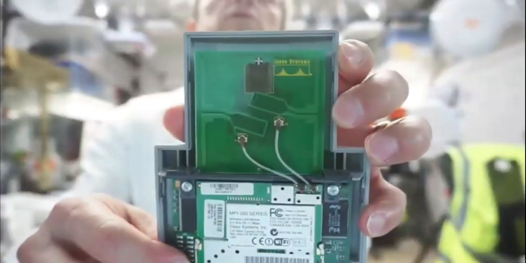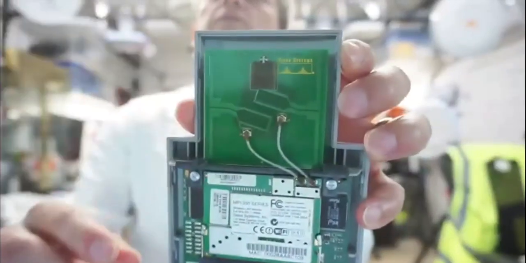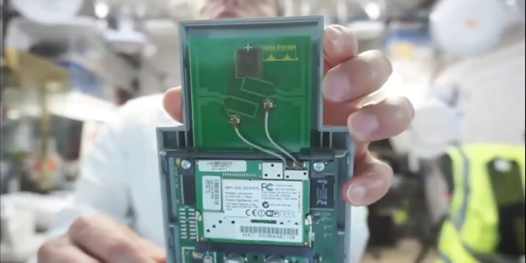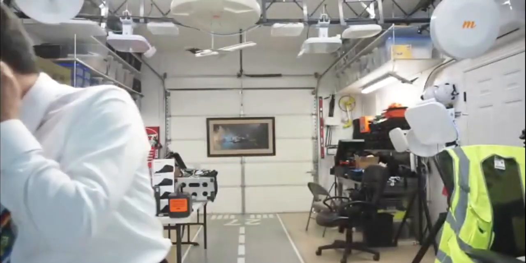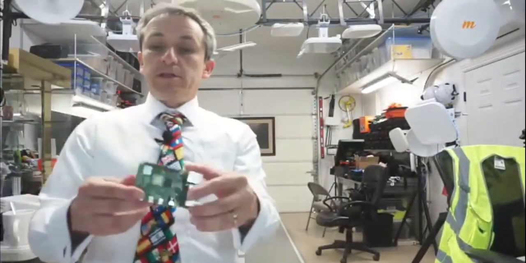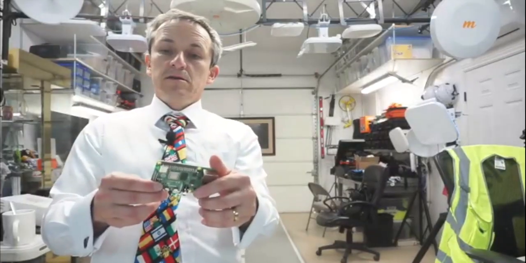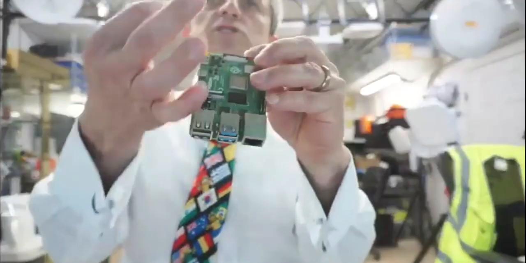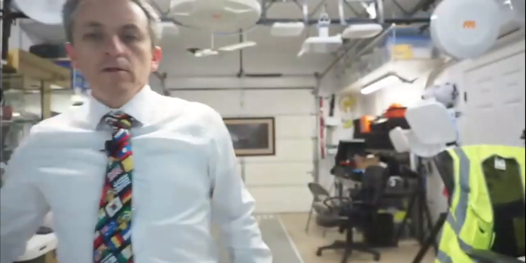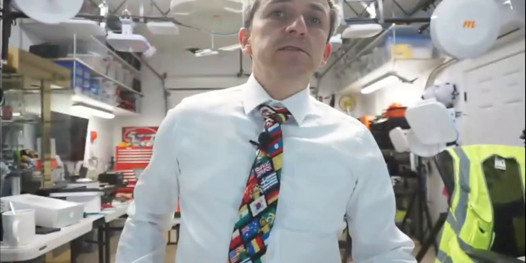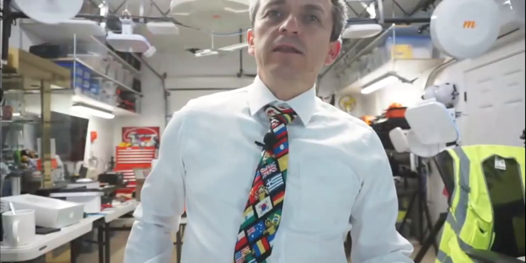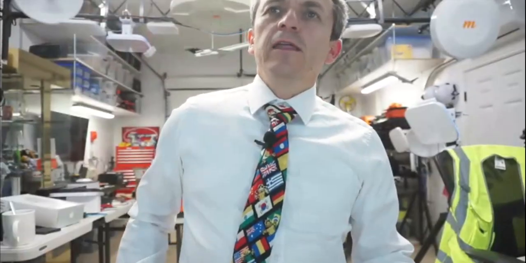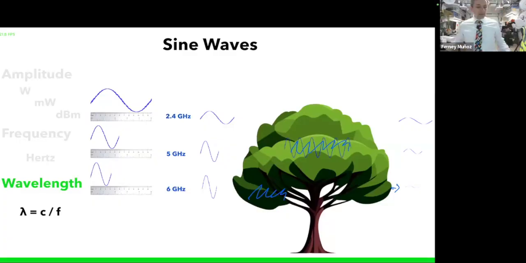There's a dipole, these are old APs. But see, that's not 12 centimeters. So those are smaller. And then in other APs, in other places, I don't even know where the antenna on this guy is. See, they print them in the circuitry, and they're just small, a fraction of the waves. So the wavelengths come from getting the speed of light divided by the frequency, and then the antennas ideally are that.